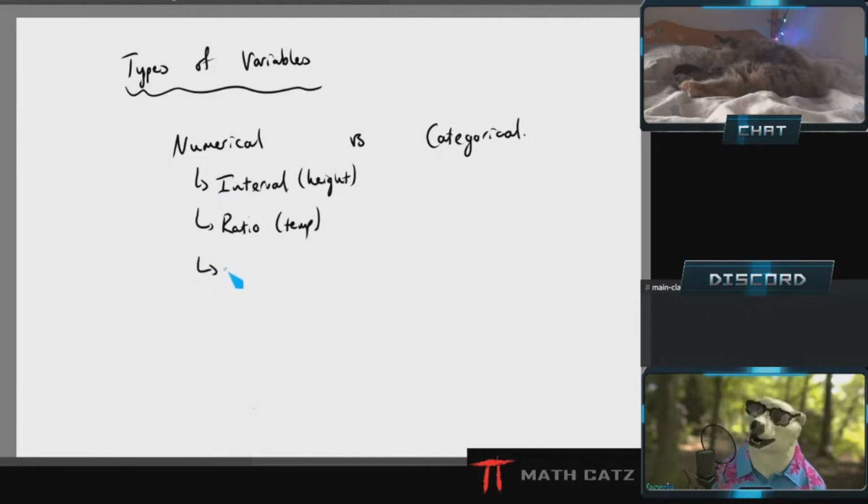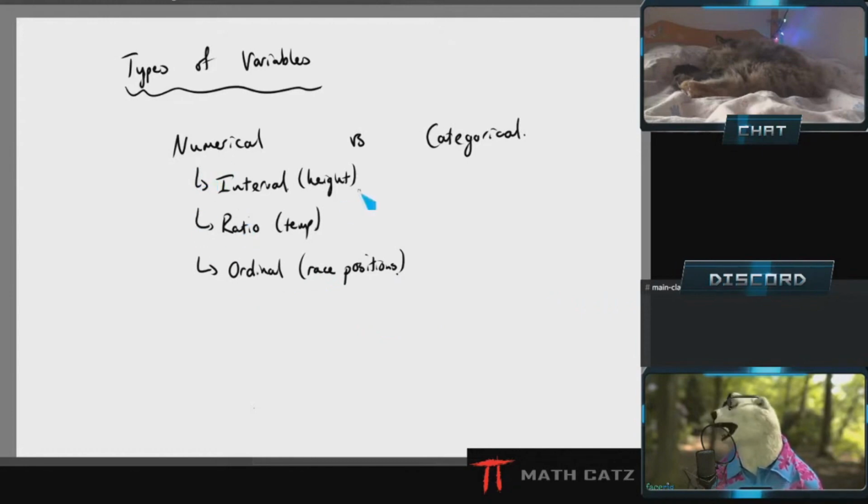There is a third one, though. Some people call them a rank variable, a rank order variable, or an ordinal variable. Something like if I conduct a race in my experiment and I see the positions, then there's a first, second, third, fourth, and so on. Those are numbers, but they are a little bit different than measurements because when I measure the height of someone, I can get a wide variety of numbers, right?